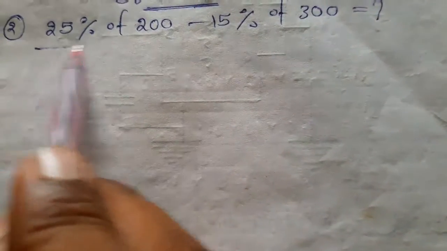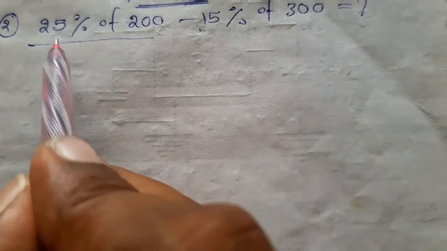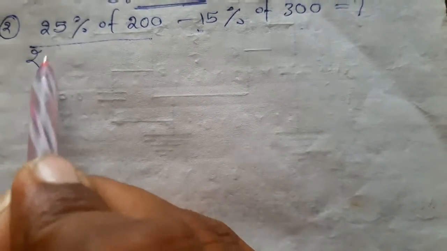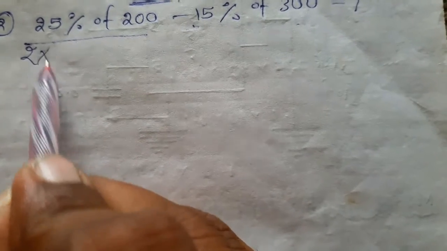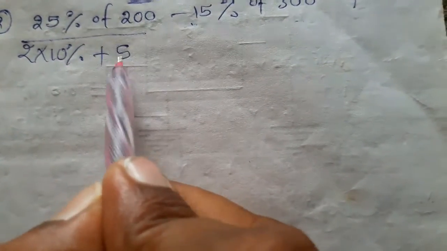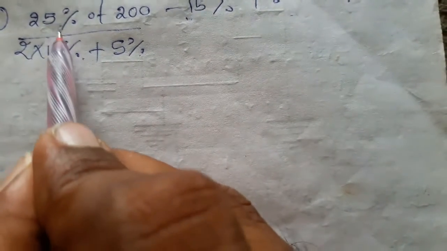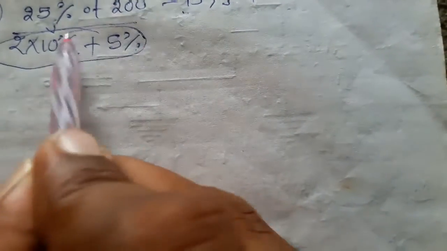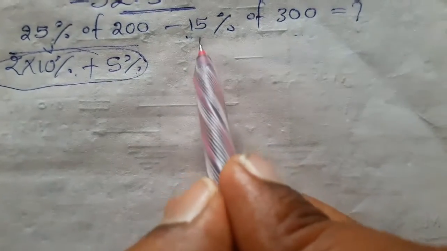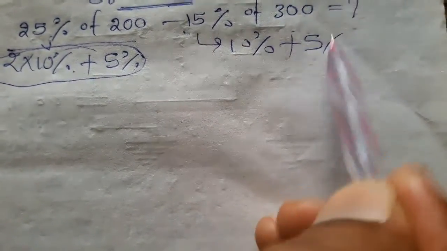Next question. 25% of 200 minus 15% of 300. 25% means I take 2 into 10% plus the next 5%. 2 tens are 20 plus 5. So 25% can be split like this. Now 15% can be split as 10% plus 5%.